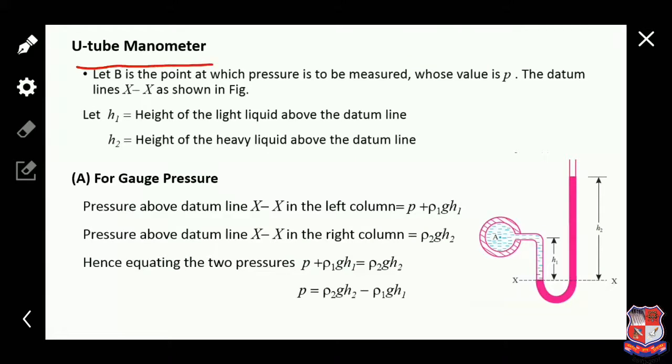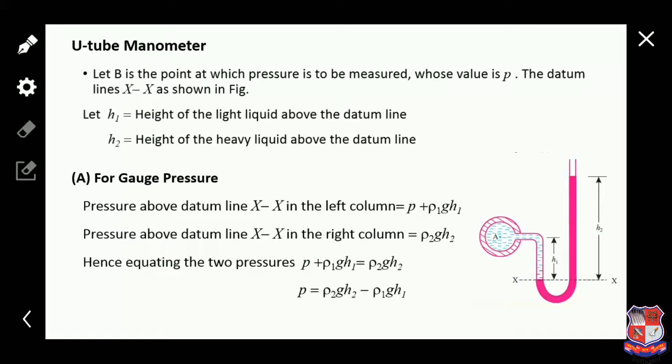Now this is the U-tube manometer. As per the name, the shape of this type of manometer is a U-tube. So a U-shaped glass tube is used in this manometer. One end of the glass tube is connected to the pipe where the pressure is measured, and the other end of the tube is open to atmosphere.